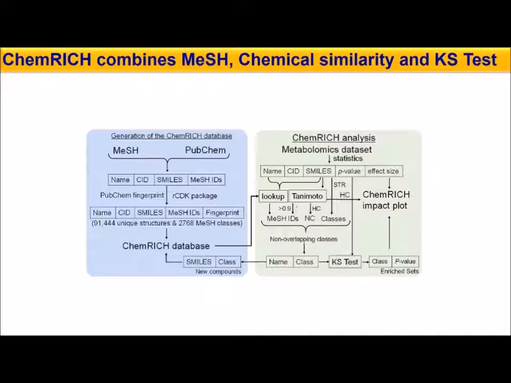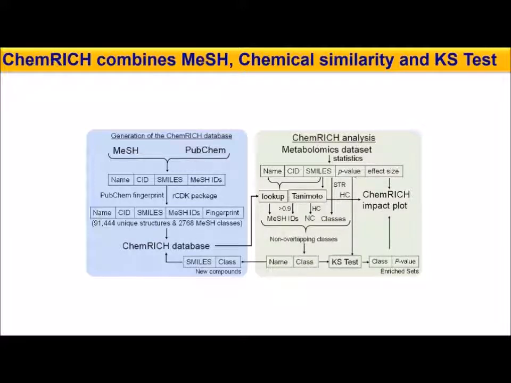The MeSH classes, chemical clusters, and new classes are then fed into a non-overlapping class estimation function that gives one compound one class annotation, and that is used as an input for the KS test.